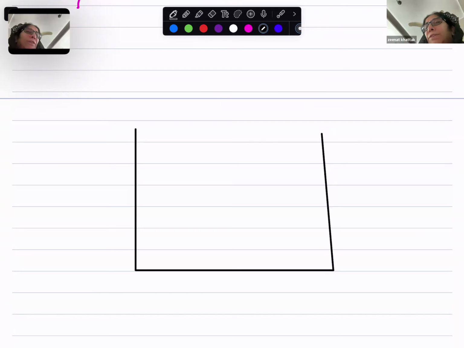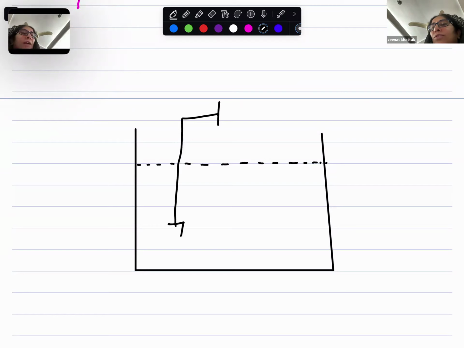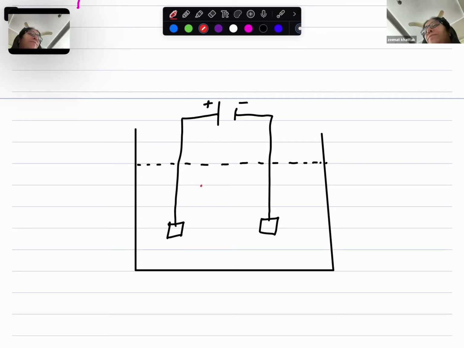This is cathode, anode. The longer one is always anode, and this is cathode. Now we will be having a cation, H plus, and an anion, OH minus.